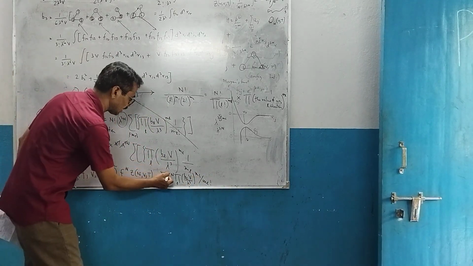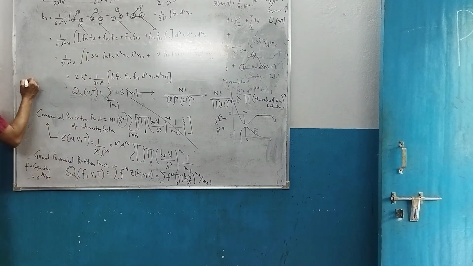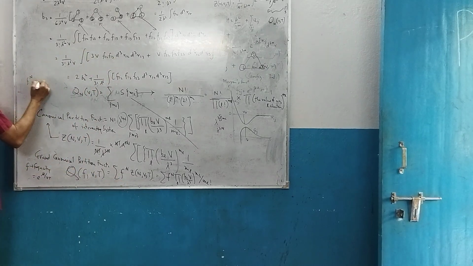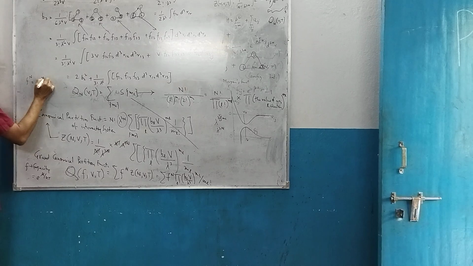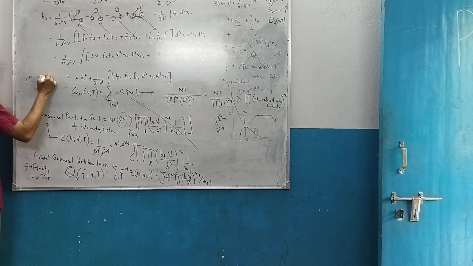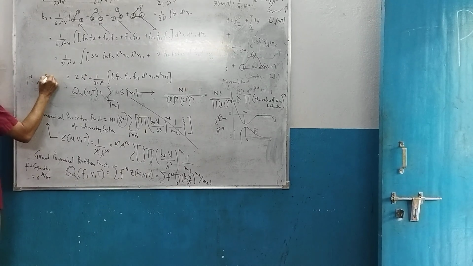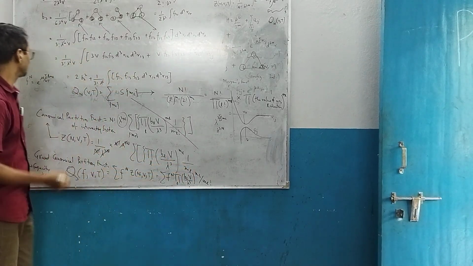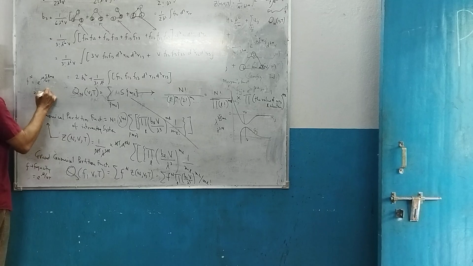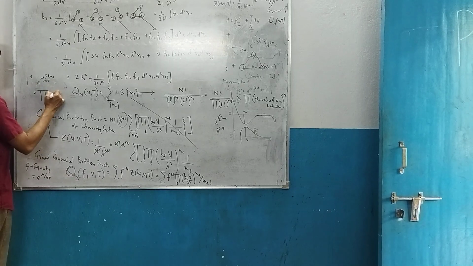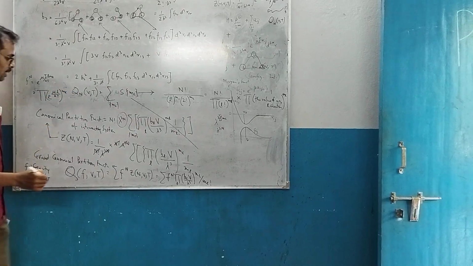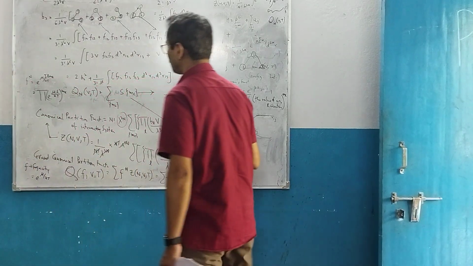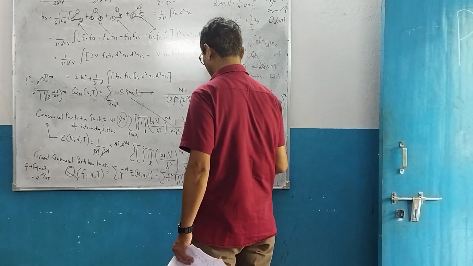So f to the power N can be written as e to the power mu by kT, and what is N? Summation of l ml. So we take this to be the product of (e to the power mu l by kT) whole to the power ml, so I can write this as f to the power l.